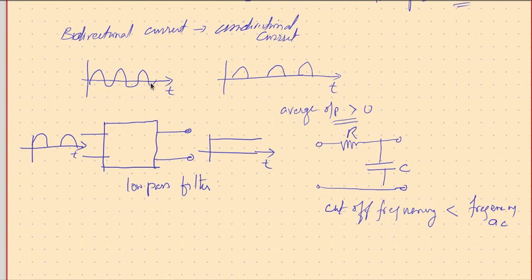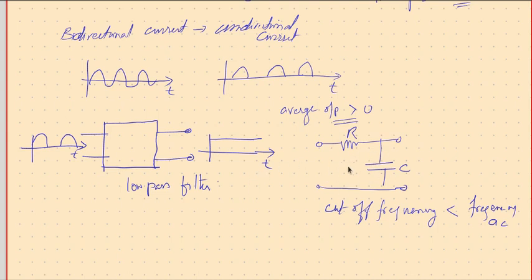Whatever alternating frequency we have, we need a cutoff frequency below it. In India and some parts of Europe it is 50 hertz, in some other parts it is 60 hertz. Whatever it is, if we find a filter whose cutoff frequency is well below 50 hertz, then none of these ripples are available at the output. Only the average will be available at the output, and this can be used for our purpose.